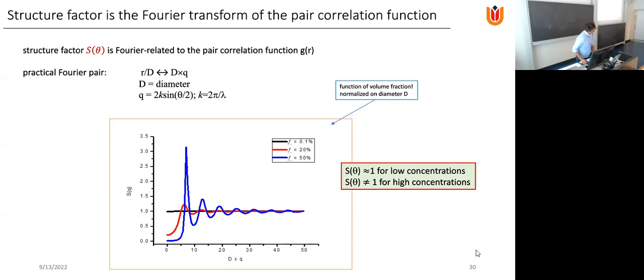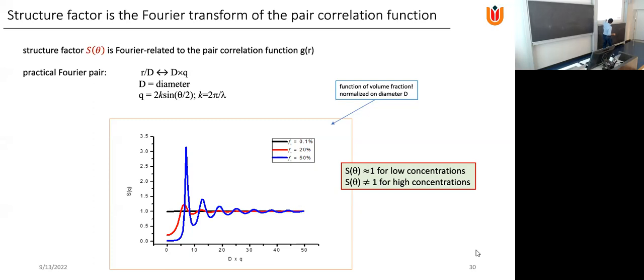I showed you the pair correlation function. If you graph it out, if I take the Fourier transform, this would be the result for the structure factor. In this Fourier pair, on the horizontal axis of the pair correlation function is the distance, normalized by the diameter.